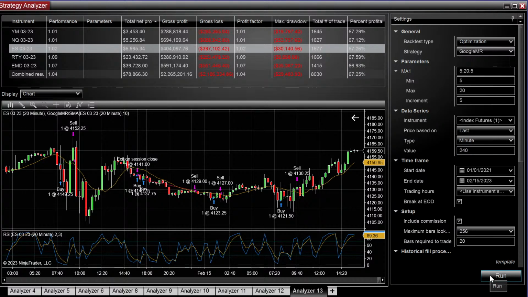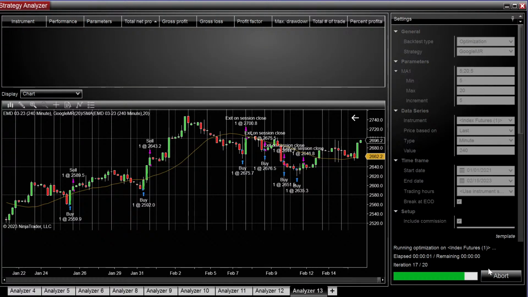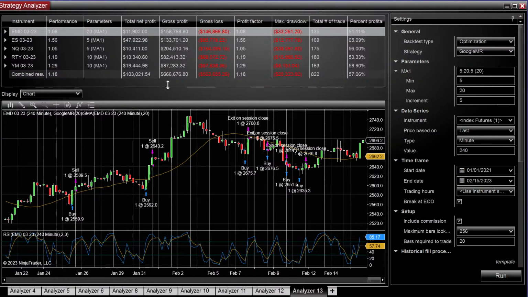So we'll do the 4-hour chart. So much better results now on the 4-hour. You see it shows a higher period and our win rate drops.